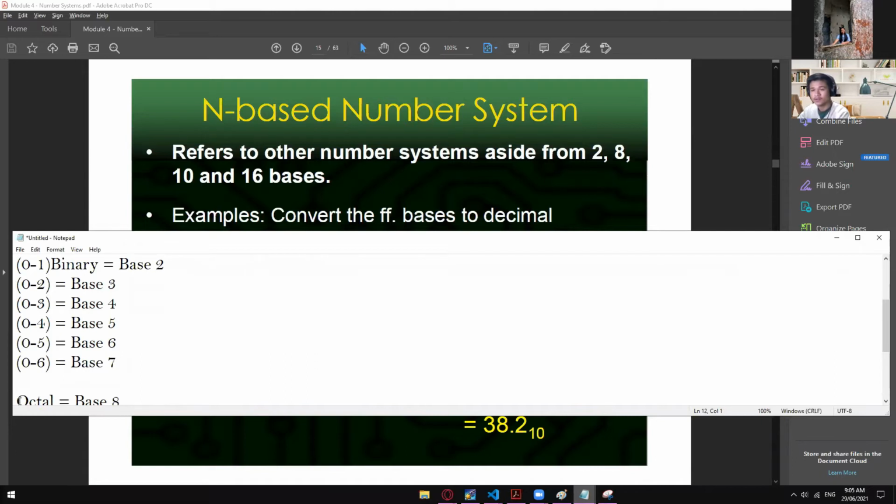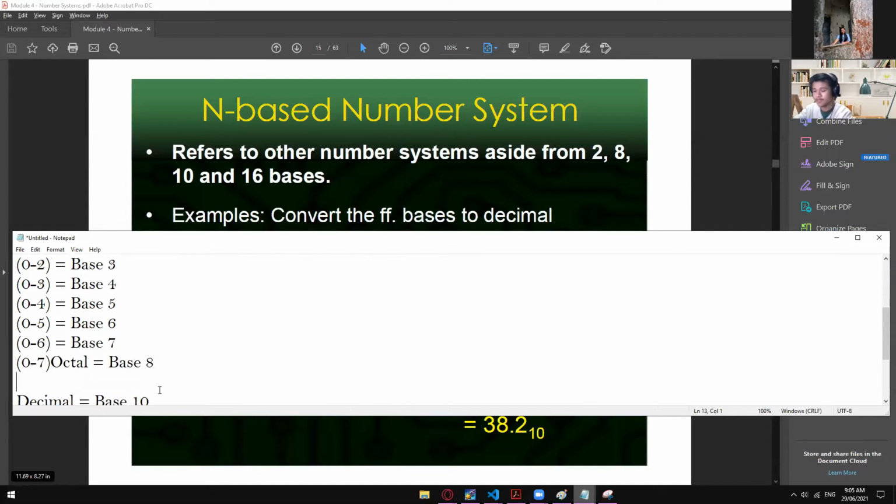Then 0 to 7 is base 8. Ah, yeah, that's correct. So 0 to 7 is now called octal, or base 8.